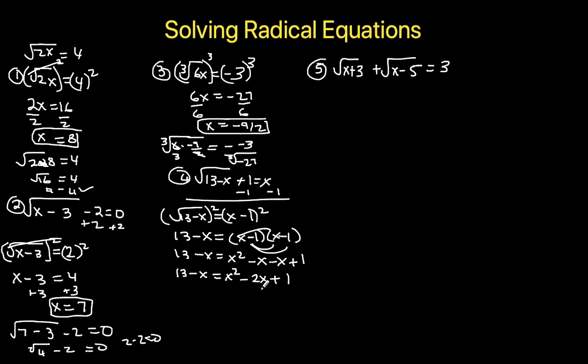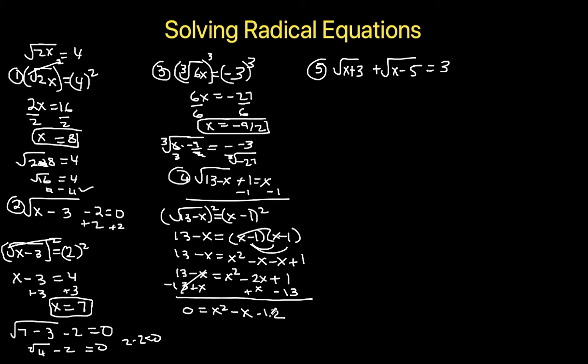So this needs to come to this side. So the 13, I need to subtract 13, put it under its like term. I also need to move the x, so add x. So that's 0, that's what you want, equals x squared. Negative 2 plus 1 is negative 1. 1 minus 13 is negative 12.